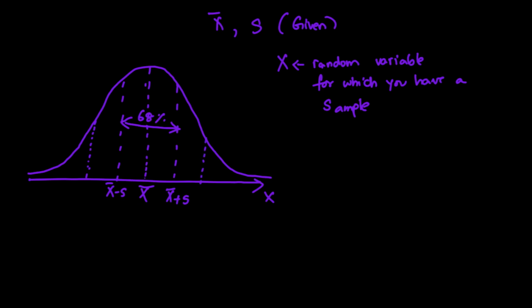So if I move 2 standard deviations to the left and 2 standard deviations to the right, I would reach x bar plus 2s and x bar minus 2s. So the chances of seeing any observation between x bar minus 2s and x bar plus 2s is 95%.